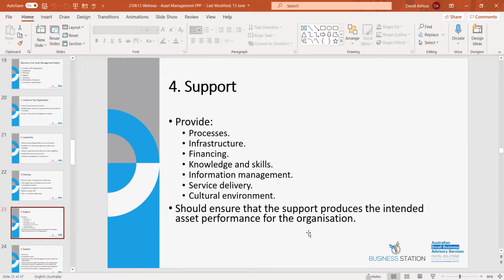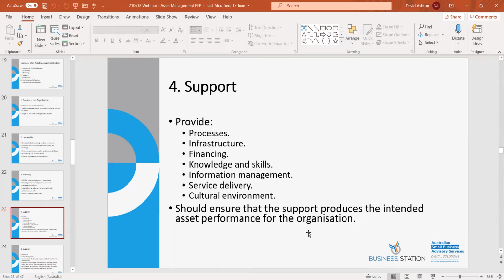Providing the infrastructure necessary to implement the system, finance it, so making sure there's sufficient financial support for it, knowledge and skills, so making sure employees have the right knowledge and skills to implement the system, but also understand how the assets actually work, so training and development.